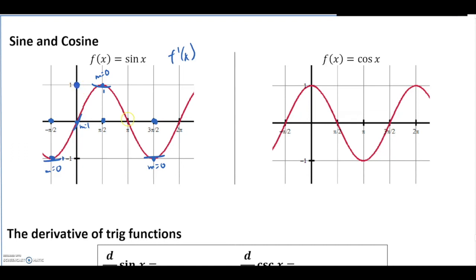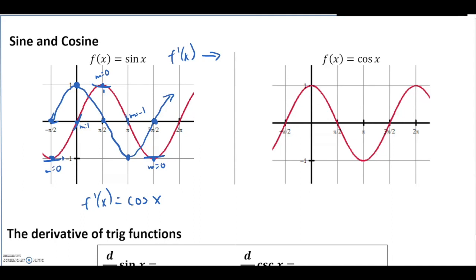Thinking about the cyclical, the symmetric nature of the sine curve, you might also guess that this spot might have a slope of -1. And it does. And connecting those points, the best way that I could think to do that is with a curve that looks like this. And if that curve is looking familiar to you, that's because it looks like the exact function that you see over here on the right. A nice property of the sine curve is that its derivative is the cosine curve.